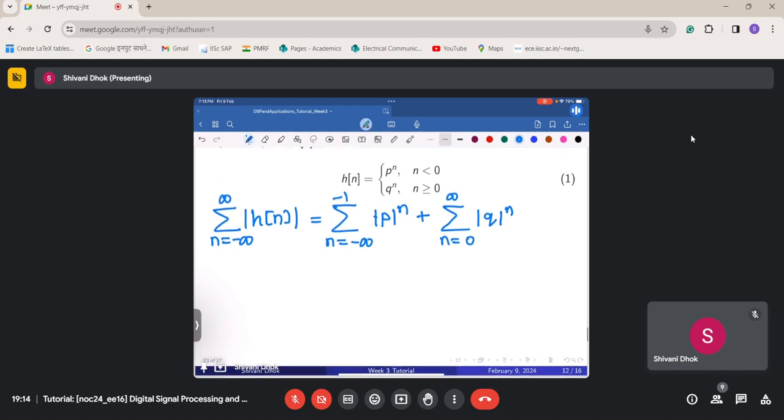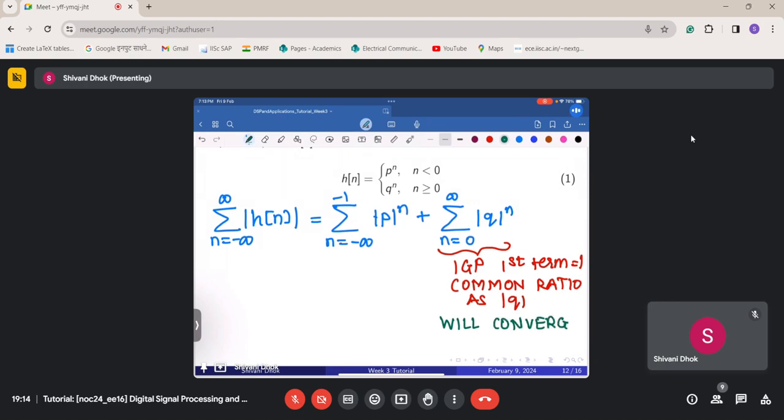Now observe this is an infinite geometric progression with first term 1 and common ratio magnitude of q. This will converge if the common ratio is less than 1.